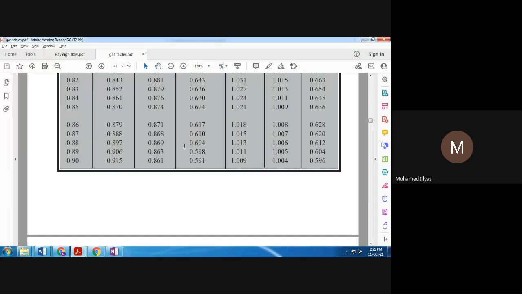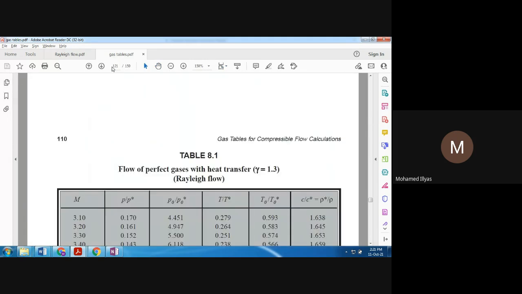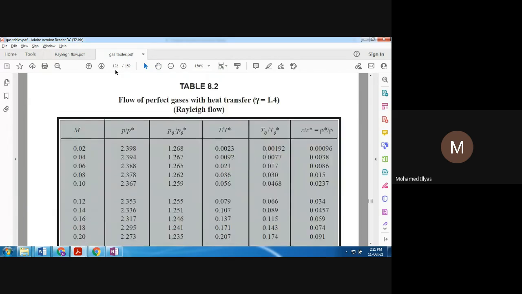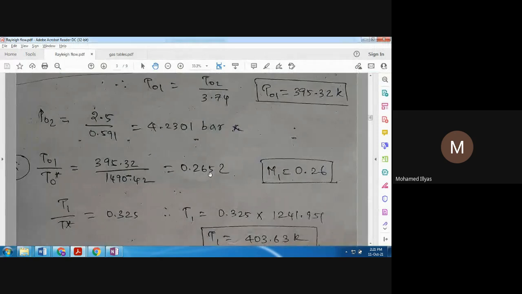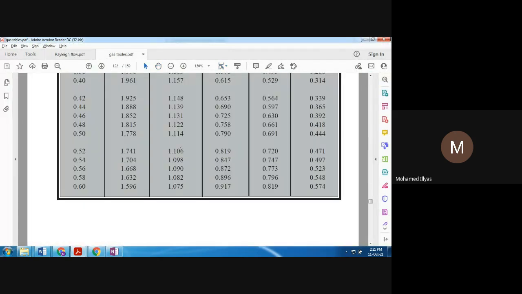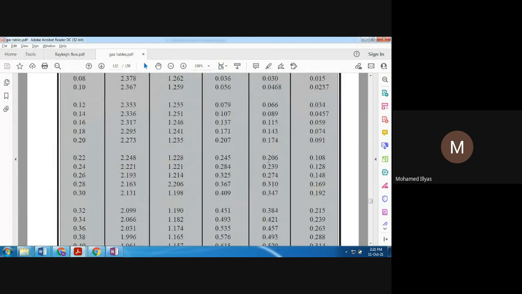For this, we'll refer to our Rayleigh flow table. We need 0.26, so T naught 1 by T naught star should be 0.26. If you see here, this may be between 0.239 and 0.274. You can take the average of these two, or you can just take 0.26, that is also correct. The answer will not vary much.